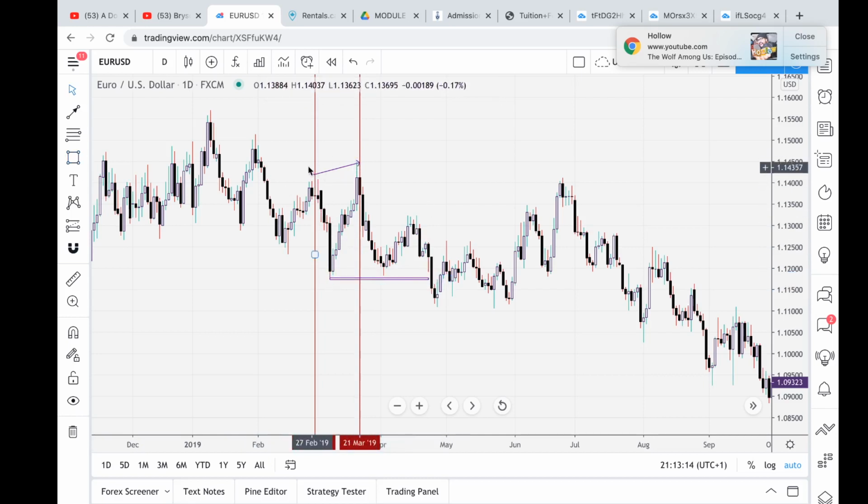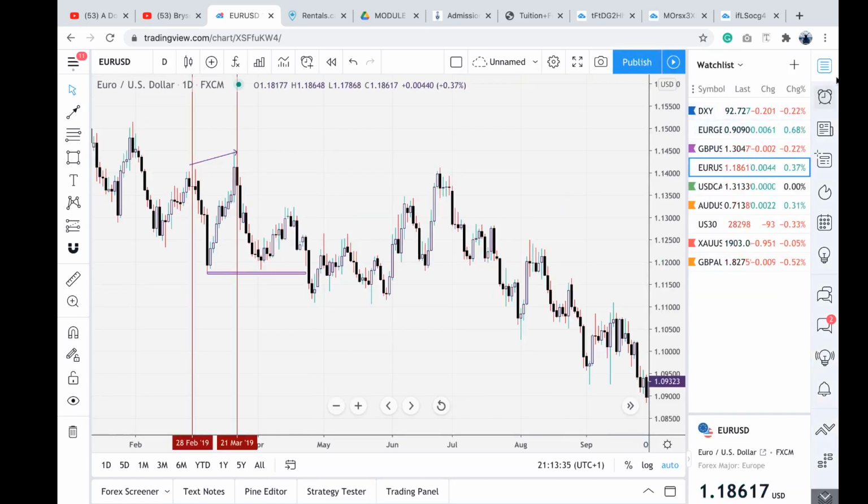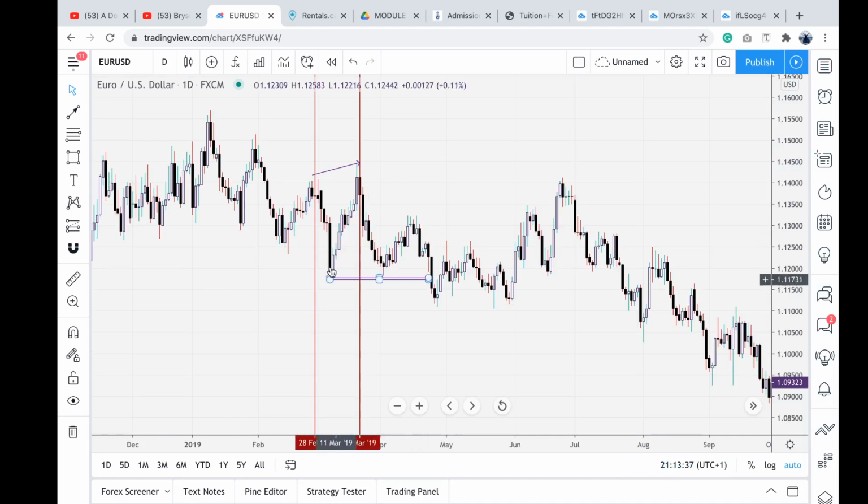So if we're expecting the DXY to go bullish, we're looking at the foreign currency that is showing the willingness to go bearish. So whilst DXY was making lower lows to get into a support level to bounce higher, this was making higher highs. Now this made higher highs, but failed to take out its low until a while later.